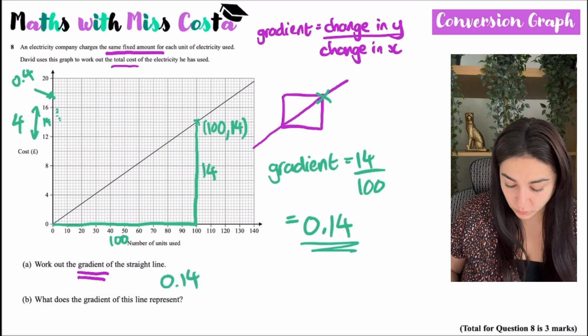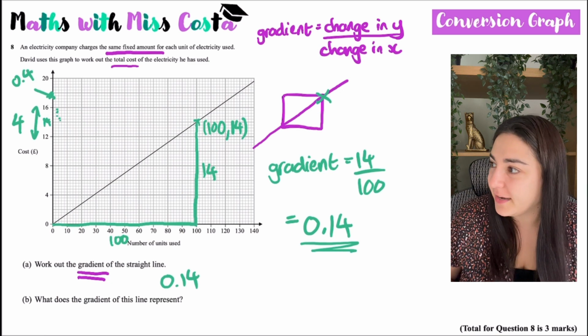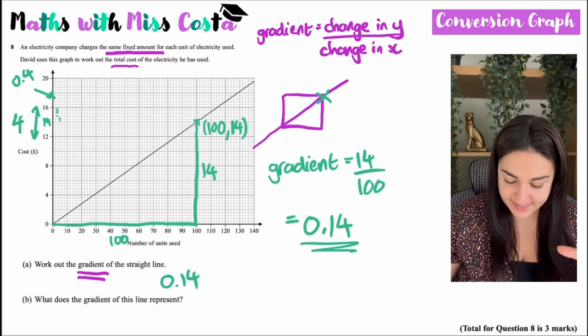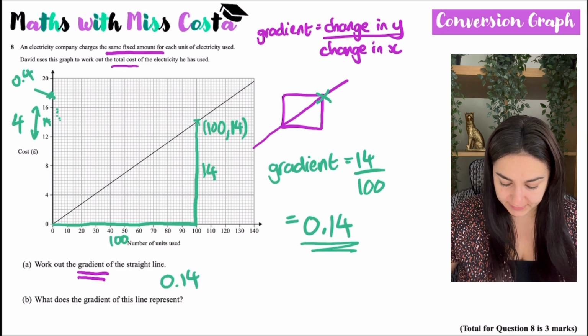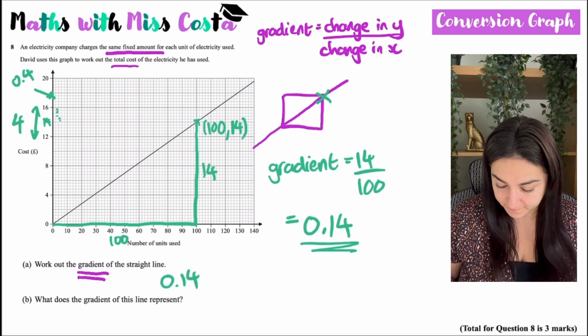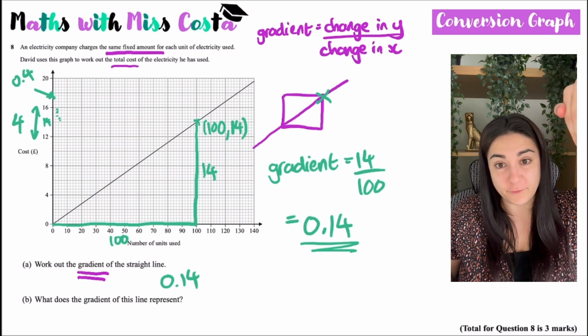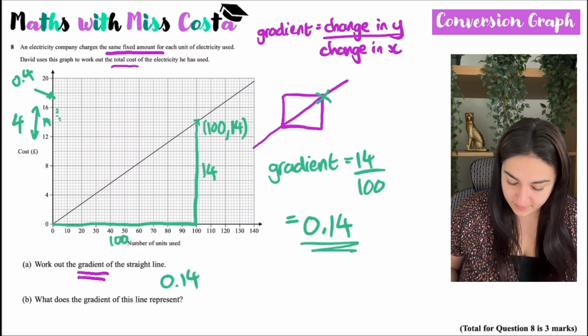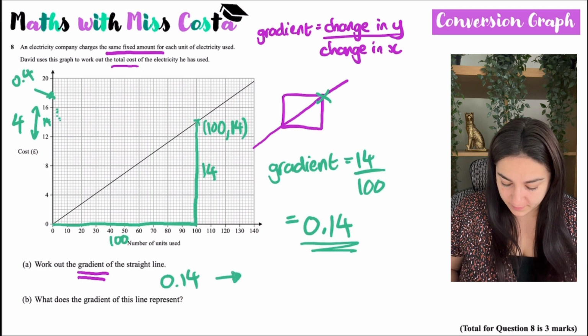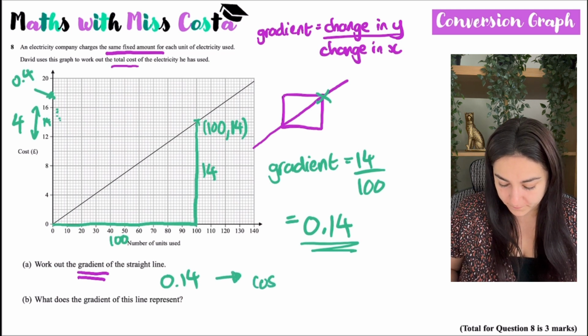And then I'm asked, what does the gradient of this line represent? So if I think about it logically, I'm dividing £14 by 100 units. So that's what I'm actually doing. Therefore, if I divide £14 by 100 units, I figure out that 0.14 is the cost per unit.